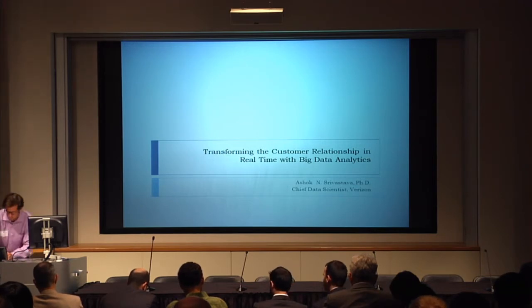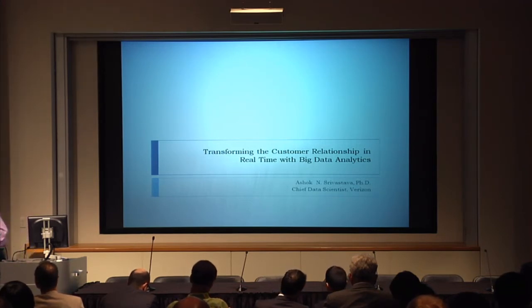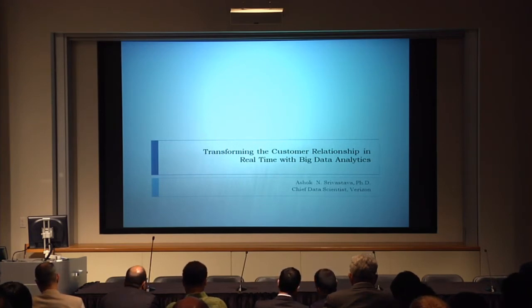So Ashok comes to Verizon after a very distinguished career at NASA, where he led the machine learning and intelligent data analysis teams. And he's done some very spectacular work, probably most well known for what's called integrated vehicle management systems.